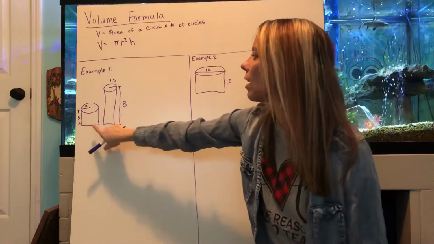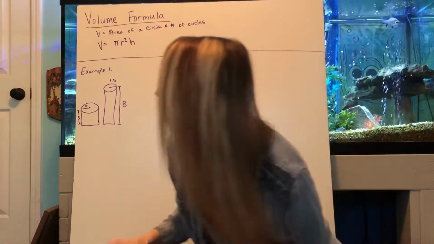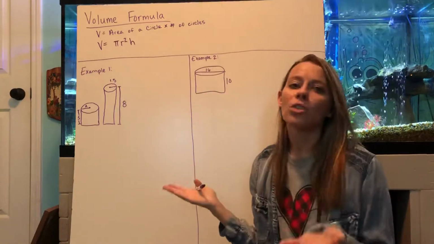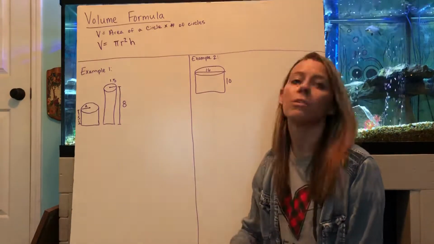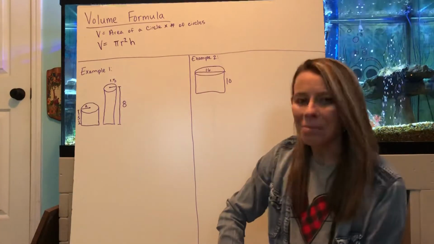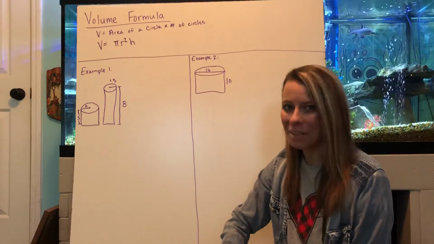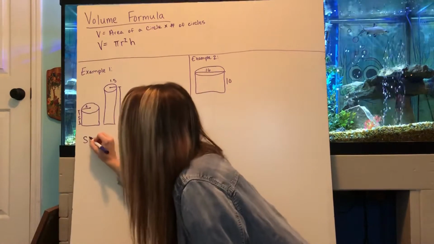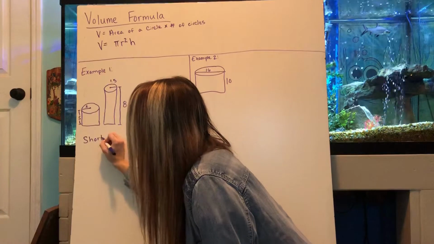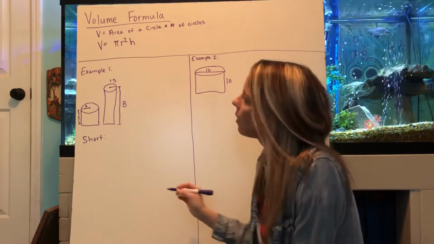If we're looking at example 1 right here, we want to know which holds more water, the short cylinder or the tall cylinder. Feel free to make a prediction and write it down on your paper. So I'm going to start out with the short cylinder, and I'm going to calculate the volume.